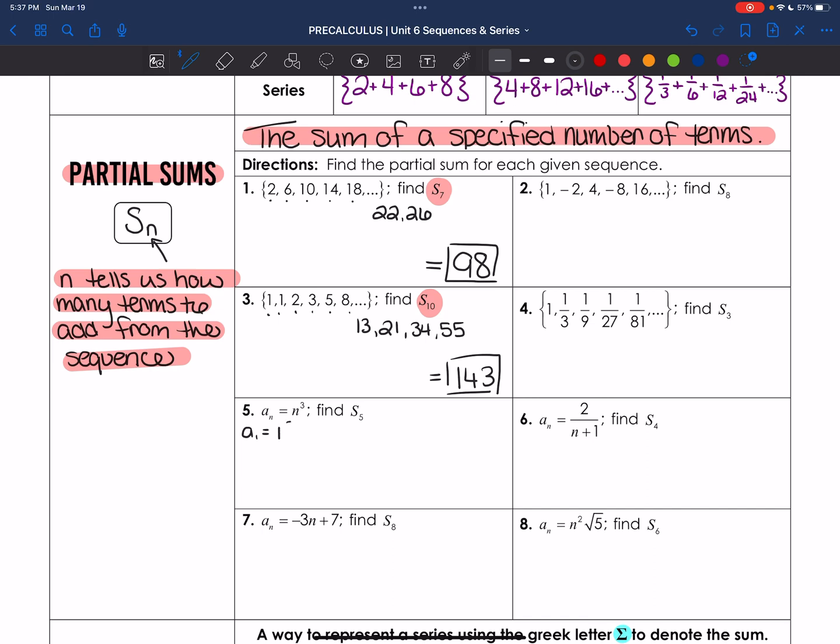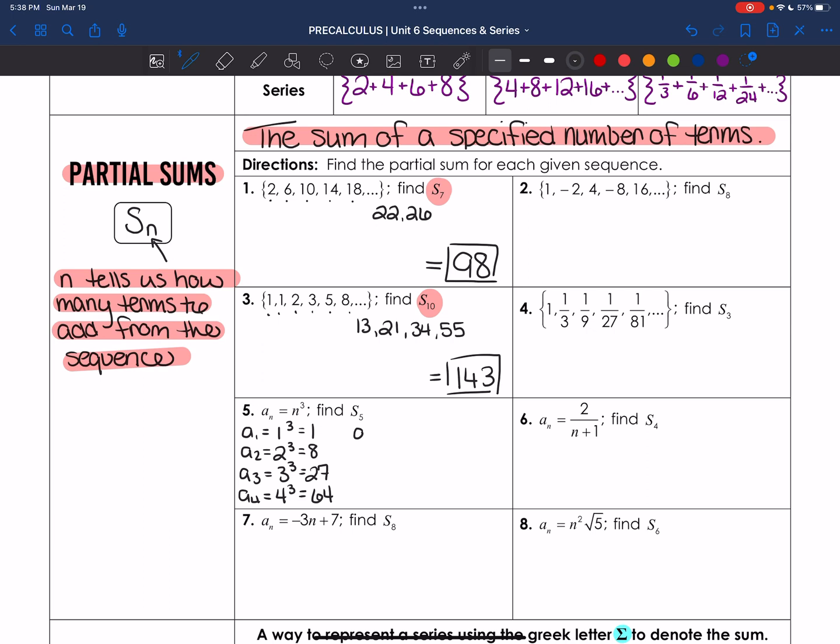So that would be 1 cubed, which is 1. Finding our second term, which is going to be 2 cubed, which is 8. Finding our third term, which is 3 cubed, 27. Finding our fourth term, which is 4 cubed, that is 64.